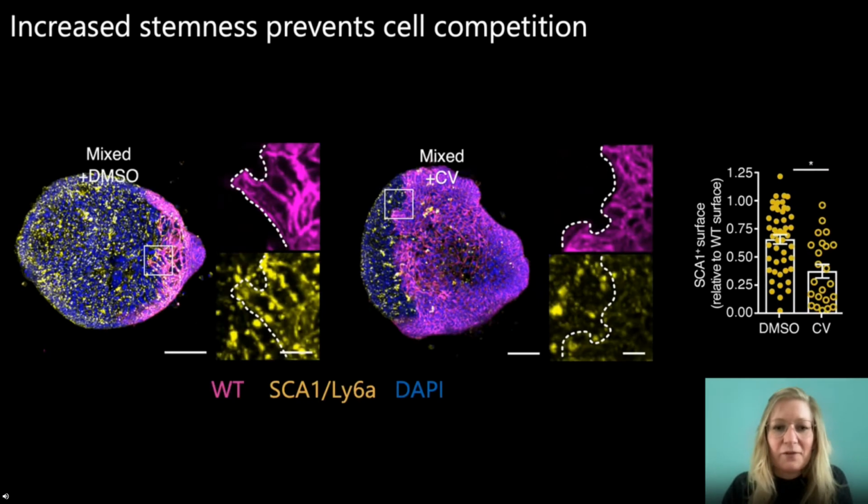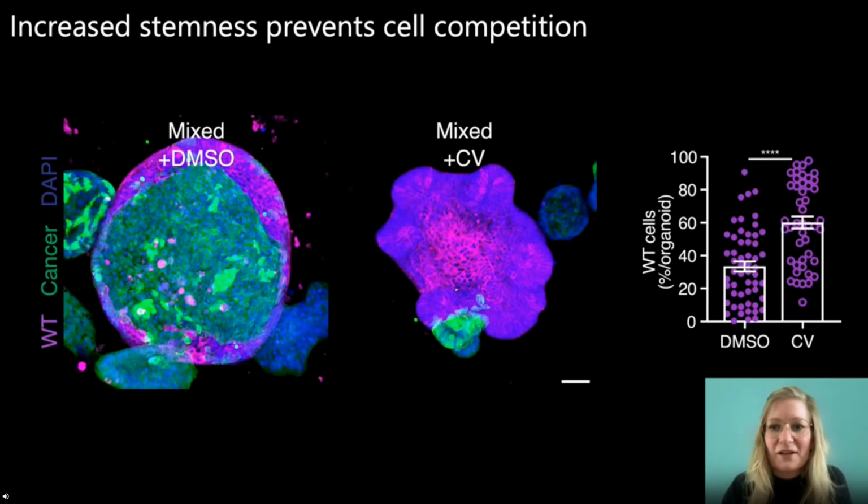Of course, we next wondered whether this had a functional effect on competition and the phenotypes that we observed before. And therefore, we had a look at activation of SCA1, and we found that enrichment of the stem cell population could prevent the induction of SCA1 in mixed wild-type cells, indicating that indeed this combined treatment of chiron and valproic acid can prevent this transition to a fetal-like state.